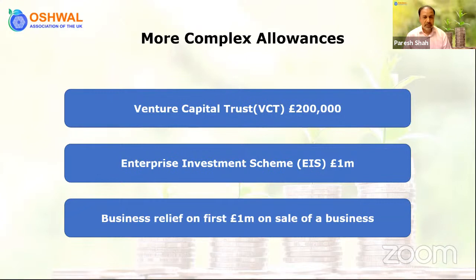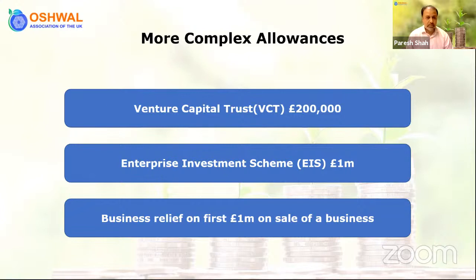So basically what it means is if you invested £10,000 into a VCT, you can get a £3,000 tax rebate each year. Now, this is particularly useful where income cannot be pensionable. For instance, you have rental income, which you're being taxed on, but with rental income, you can't make pension contributions. So you can make an investment in the venture capital trust instead. So that's quite useful to have. The conditions are that you invest in that for 5 years.